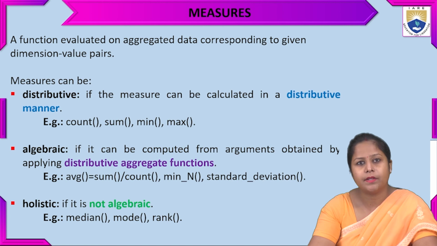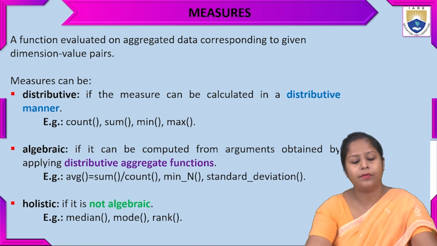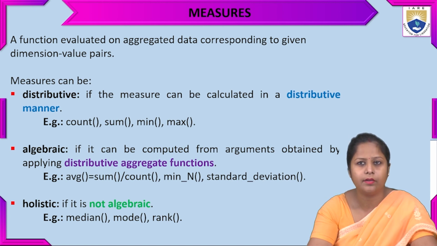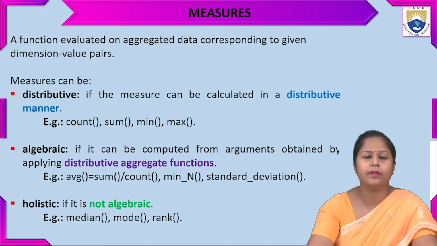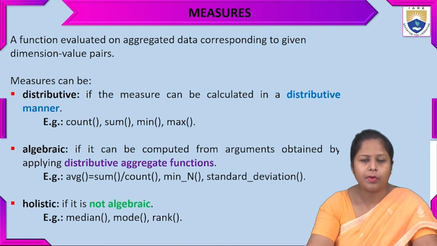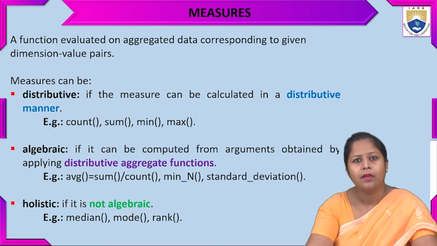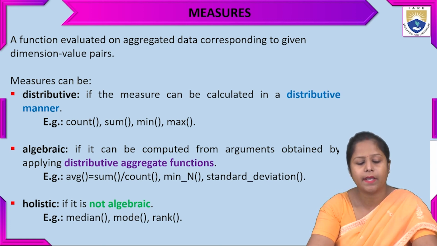There was a term, measure. A measure is a function evaluated or aggregated on the data corresponding to the given dimension value pairs. So measures are a method to evaluate the aggregated data corresponding to the different dimension value pairs. Measures are divided into three types.